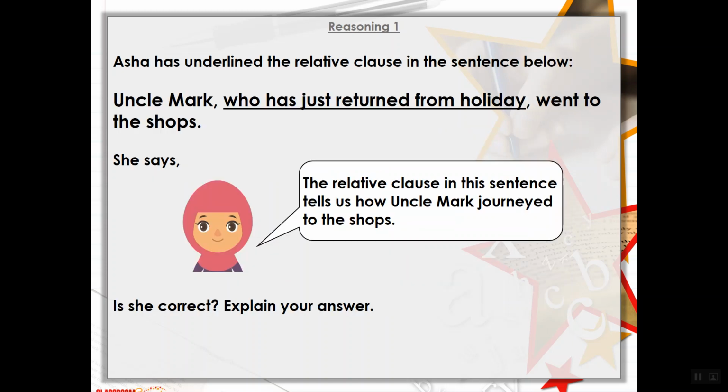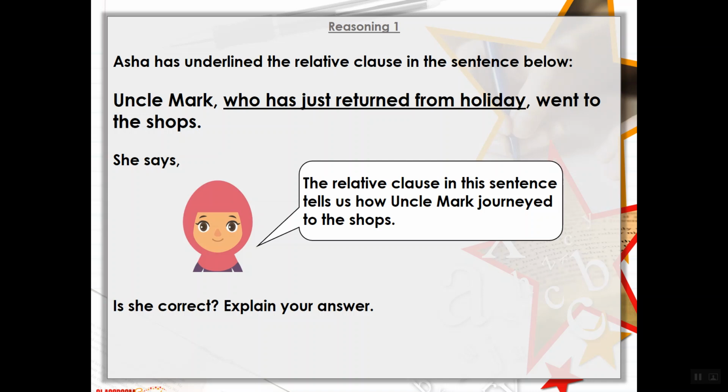Now it says, Asher has underlined the relative clause in the sentence below. Uncle Mark, who has just returned from holiday, went to the shop. So she's underlined the relative clause. And she says, the relative clause in this sentence tells us how Uncle Mark journeyed to the shops. Is she correct?